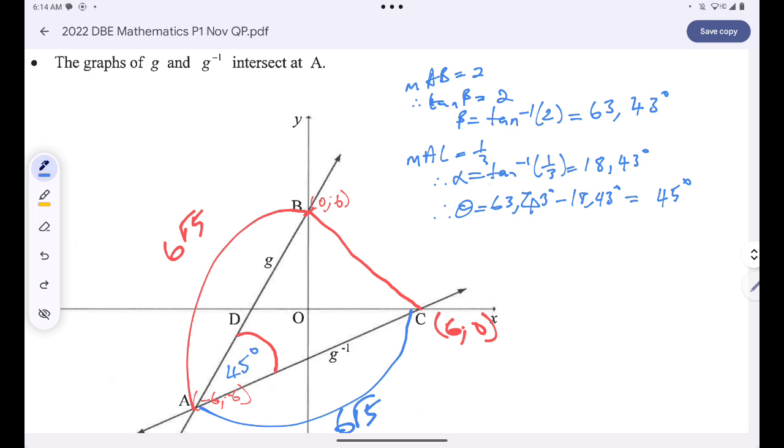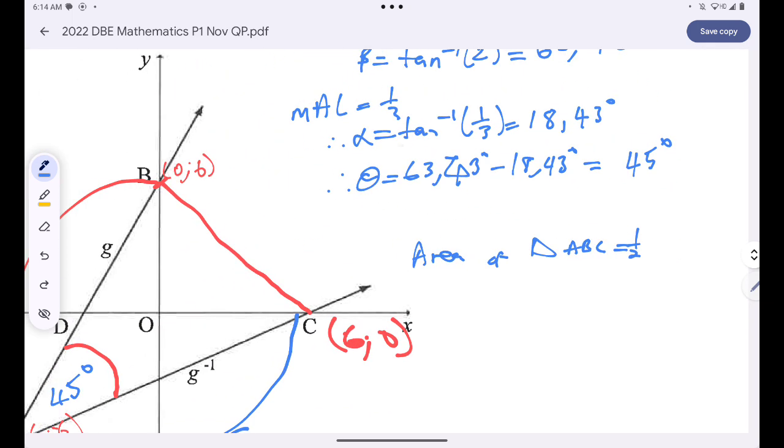I can simply use the area rule that we use in trigonometry to find the area here. So the area of triangle ABC is just 1 over 2 multiplied by AB multiplied by AC, the sine of angle theta.